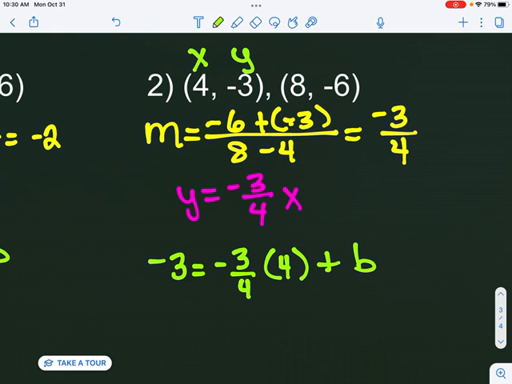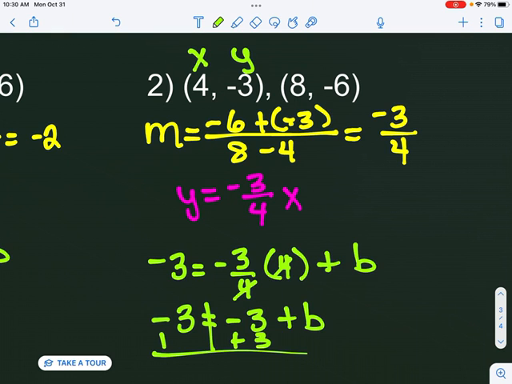So at this point, I'm going to solve it. Negative 3/4 times 4, because remember those simplify, gets me negative 3 plus b. And then I'm going to add 3 to both sides, and I get 0. So once again, my equation is y equals negative 3/4 x.